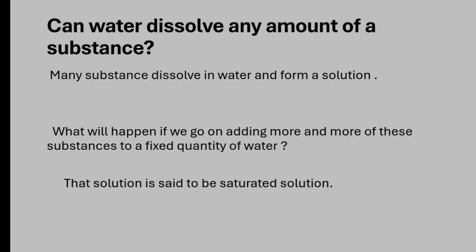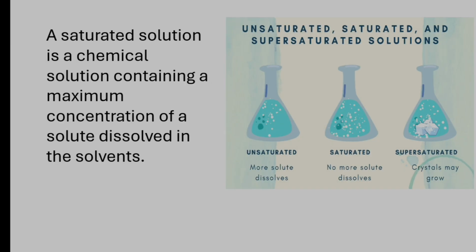Can water dissolve any amount of a substance? Many substances dissolve in water and form a solution. Then what will happen if we go on adding more and more of the substance to a fixed quantity of water? It remains undissolved and settles at the bottom. So that solution is said to be a saturated solution.